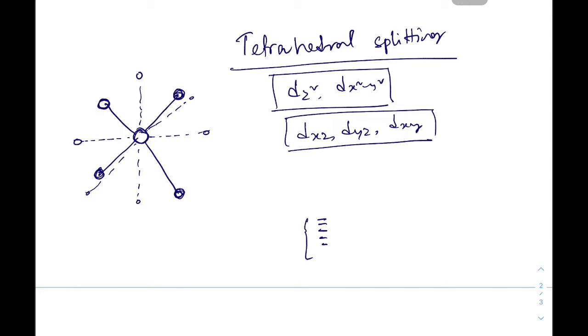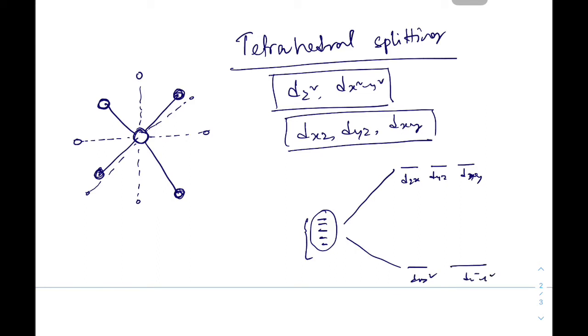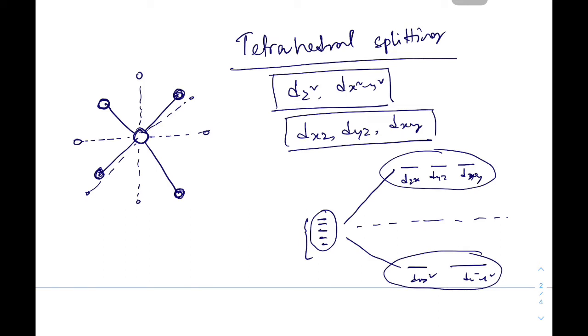Before any approach of ligand it will be symmetrical and spherical. After splitting, dxz, dyz, dxy will be higher in energy, and dz square and dx square minus y square will be lower in energy. Similarly, there will also be a barycenter. We will describe how much these 3 orbitals cause destabilization, and the net stabilization caused by these 2 orbitals is similar.